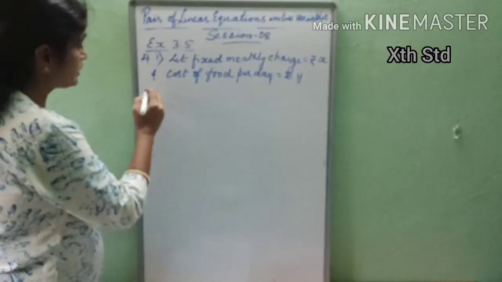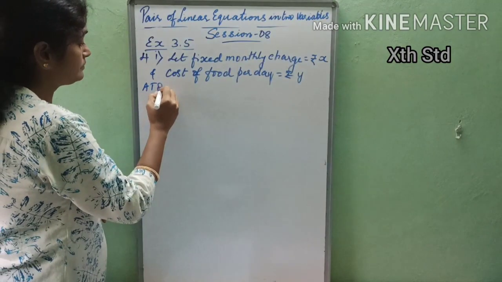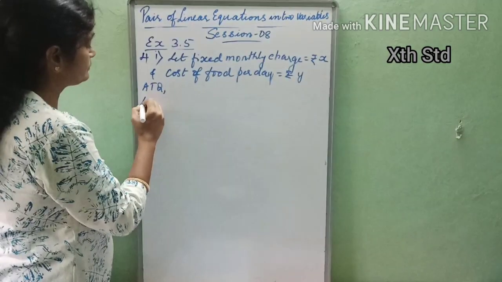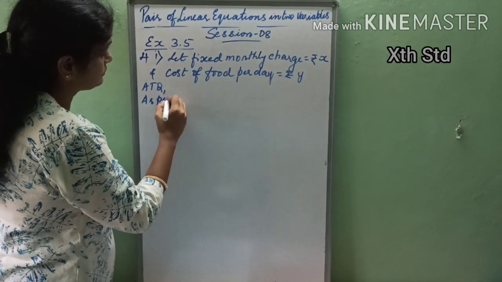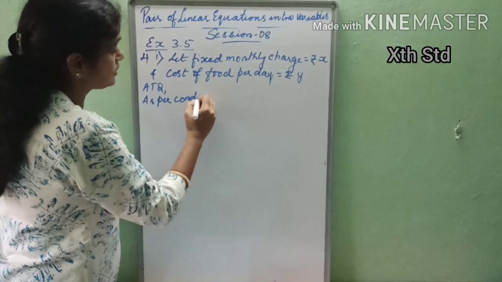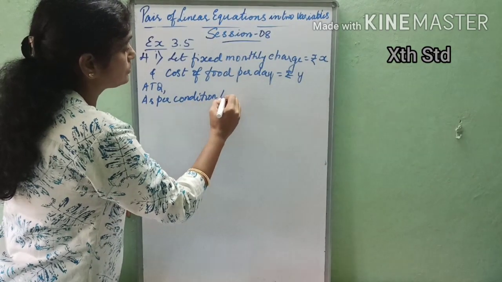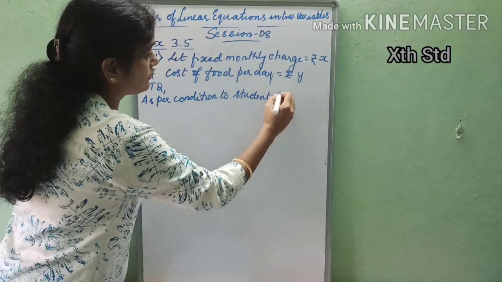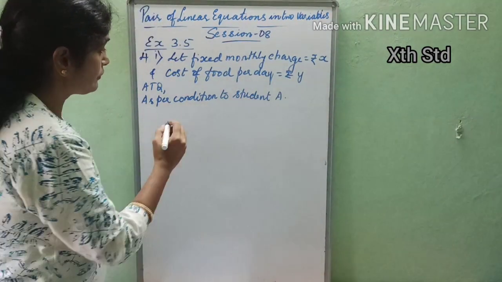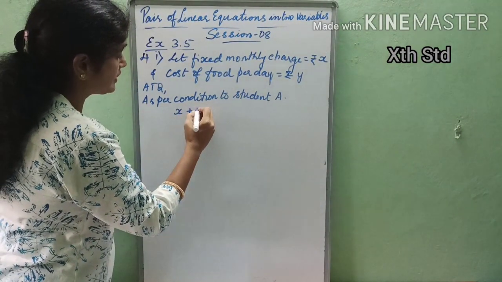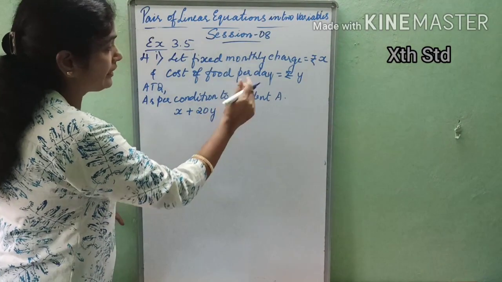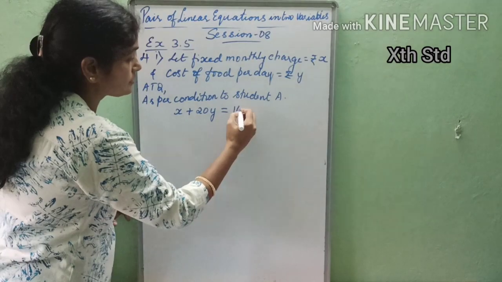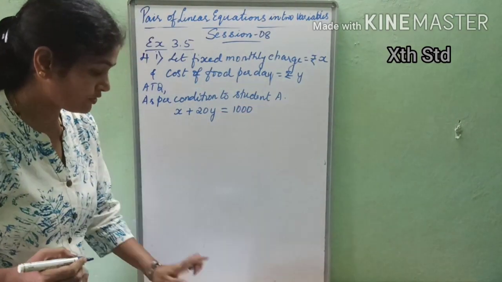Then what is there according to the question? As per condition to student A, what is the equation we will get? Fixed charge is x, and 1 day costs y rupees, so 20 days cost 20y rupees. Total he is paying 1000 rupees.